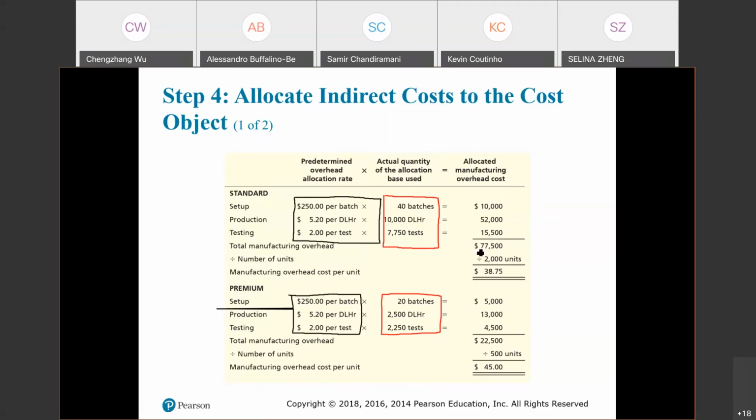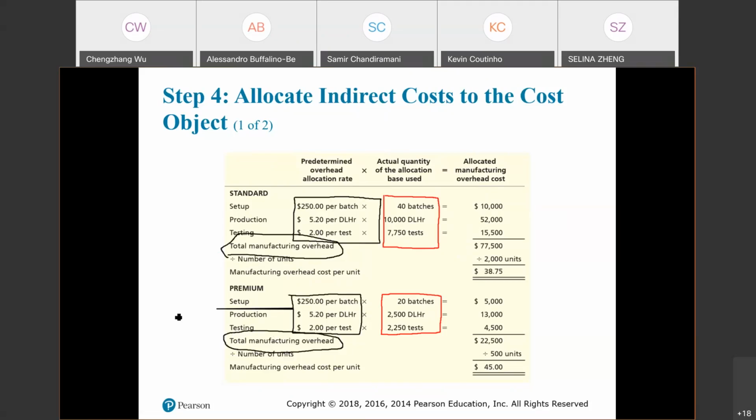Well, so in this way, in this step, we can get the allocated manufacturing overhead to each different activity, and sum them up together. We can know the total manufacturing overhead for each different model.